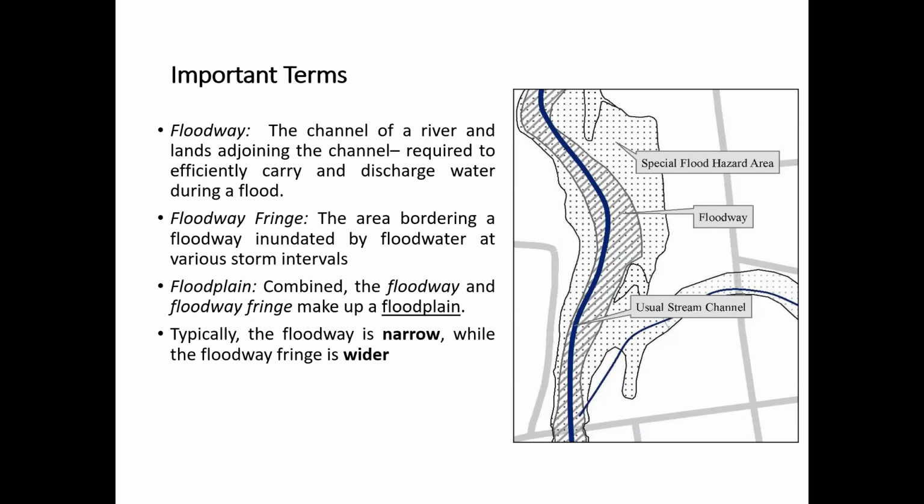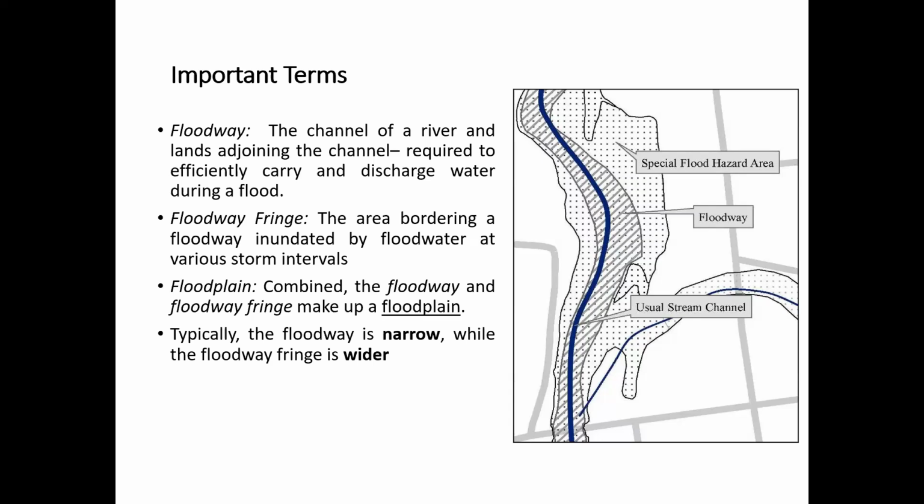The floodway fringe is the area at the edge of the floodway where water isn't moving as much. Combined, the floodway and the floodway fringe make up the floodplain. So typically, the floodway is narrower while the floodplain extends out more widely to surrounding flatter areas.